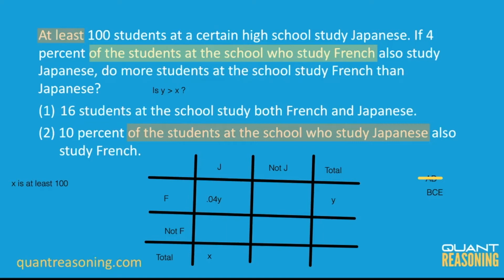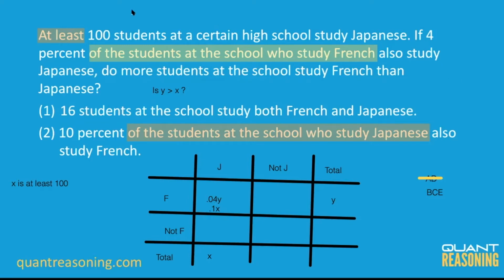So now we can go ahead and put 0.1x in that both cell. Now I don't know what x is, I don't know what y is, but I do know that 0.04y is exactly the same as 0.1x. Can you tell from that relationship?